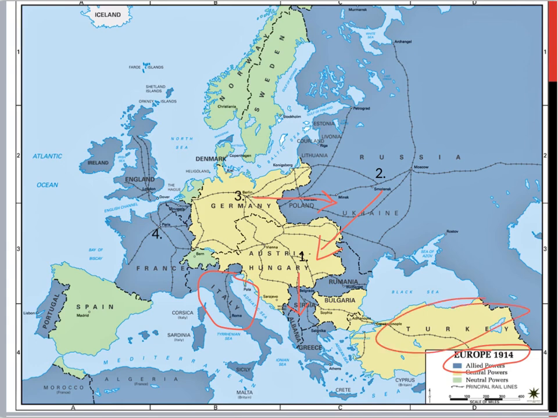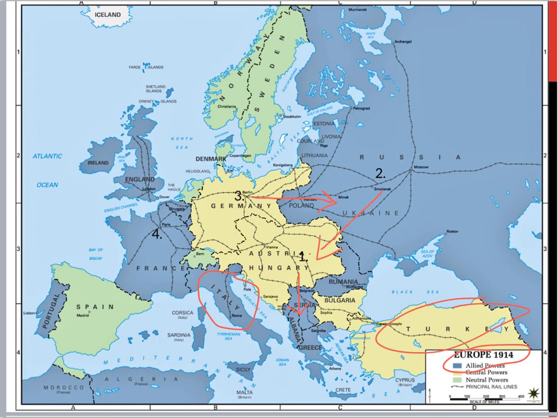We'll talk about the Ottoman Empire later. Allied powers and Central Powers are words we use to describe the conflicting sides once the war started. The Triple Alliance and Triple Entente describe the pre-war military alliances as they were set up.